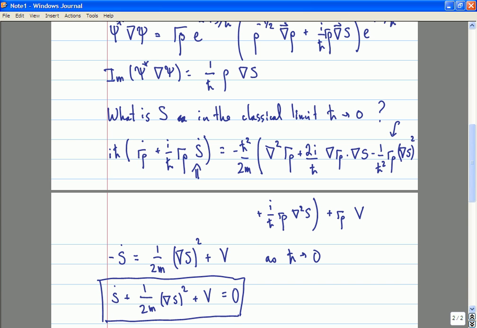Now, h bar is a dimensionful quantity, so it doesn't make sense to say h bar going to 0 on its own. You should really say h bar going to 0 compared to something else which has the same dimensions. So implicitly, h bar has dimensions, for example, of energy times time. So if you're studying, say, a pencil balanced on its tip falling over, then you should calculate the typical energy and the typical time scale, and compare that to h bar to determine whether or not quantum mechanics is relevant for that problem.